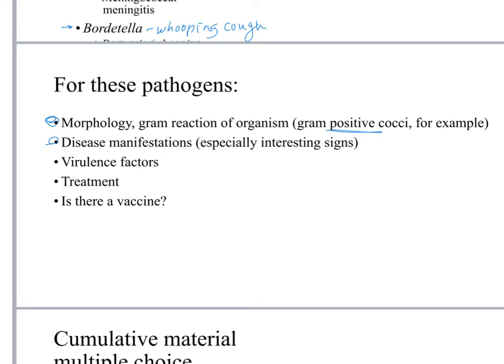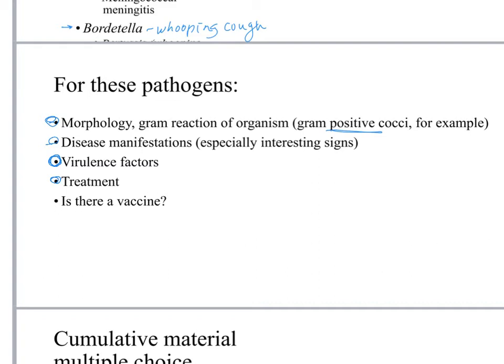Probably what would be least familiar to you are the virulence factors. So what makes that pathogen successful in causing an infection? Do we have ways to treat it? And I'm not typically looking for which antibiotic do we use, unless there's really only one that we go to. For the most part, that probably changes from time to time.